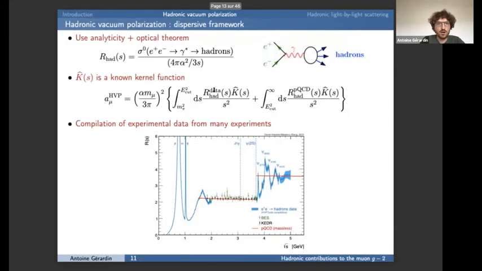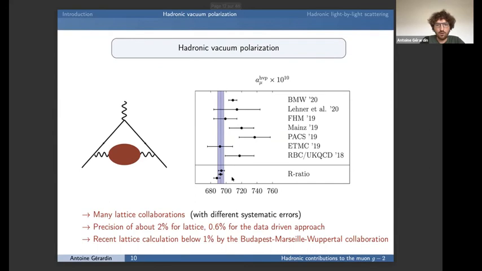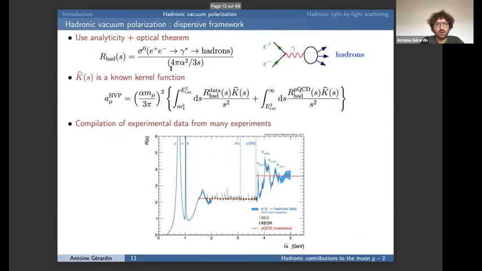Okay, so I will explain how it is computed using the R-ratio, and then I will come to the lattice. In the dispersive framework, the idea is to use again this analyticity and optical theorem to relate a_mu to this R-ratio. And then basically what we have to do is just a convolution between this R-ratio and some QED kernel, which is known analytically from threshold to infinity.